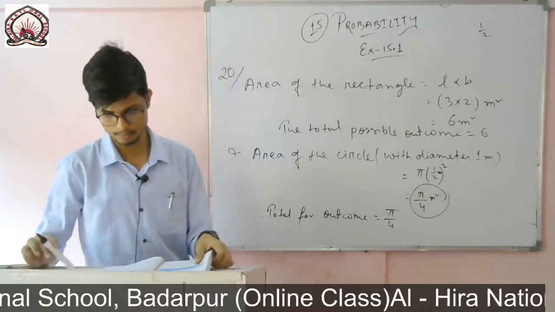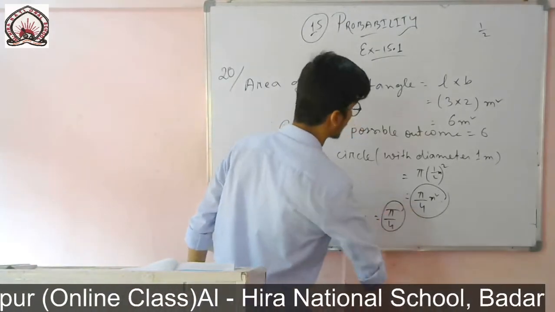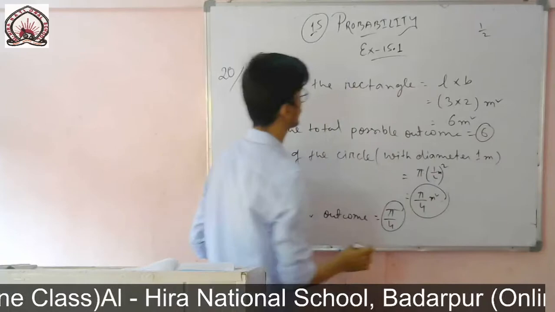So now we know how to find the probability. It will be this favorable outcome divided by the total possible outcome.